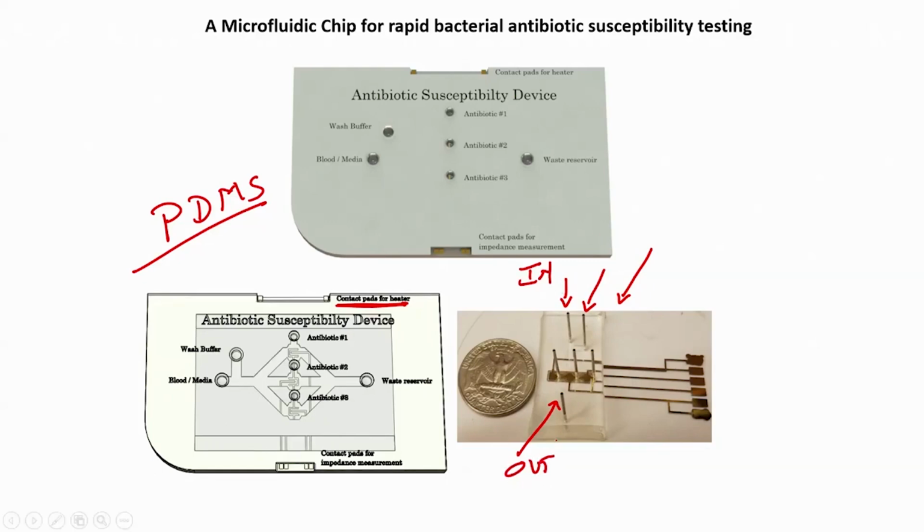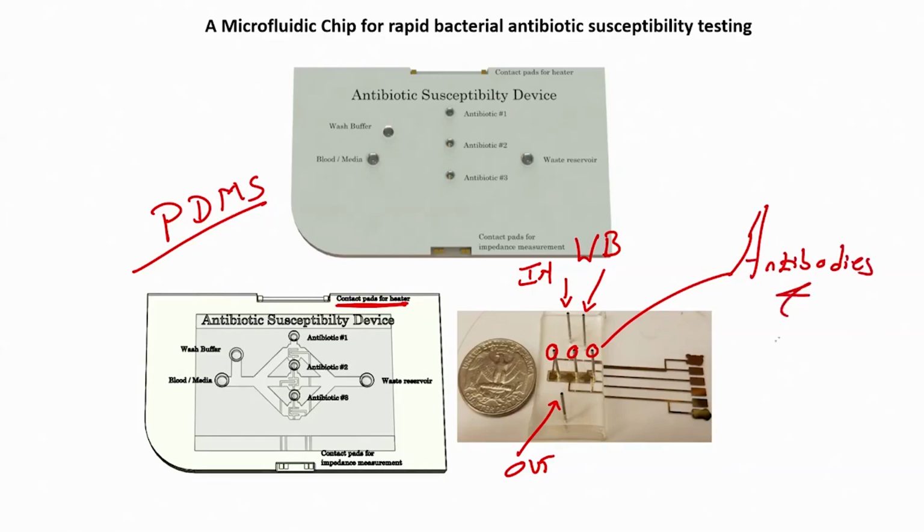This is the outlet and we have here a wash buffer. These three inlets, 1, 2 and 3, are for loading either antibodies or antibiotics plus growth media.